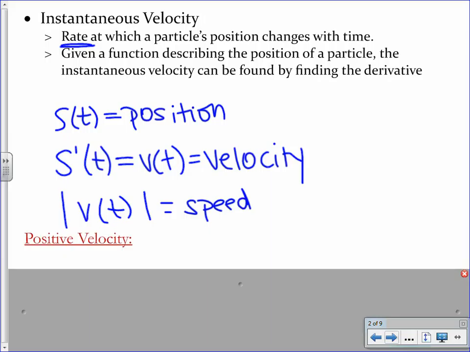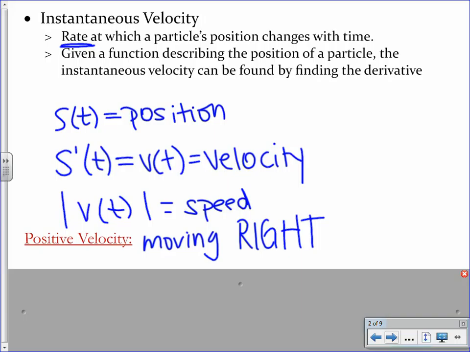So what does it mean if we have positive velocity? Velocity is greater than 0, so we are moving right. If we have up and down motion, we're moving up, but we're talking about left to right.